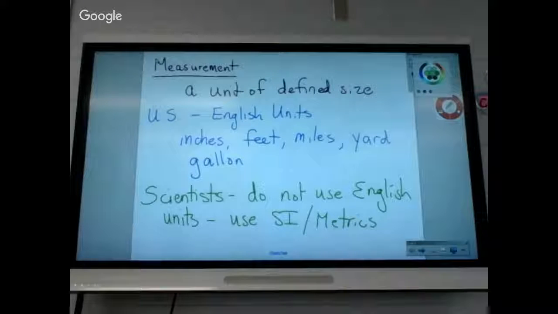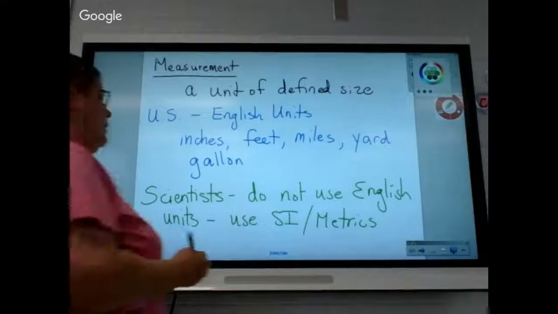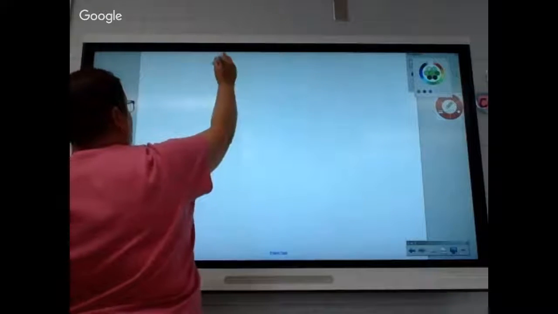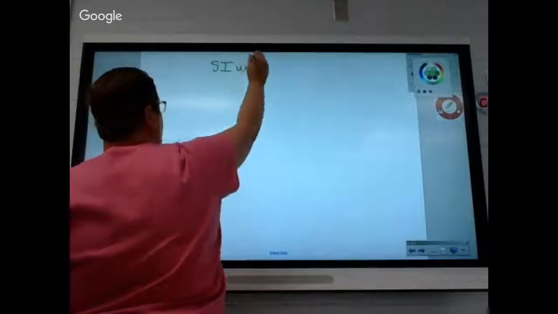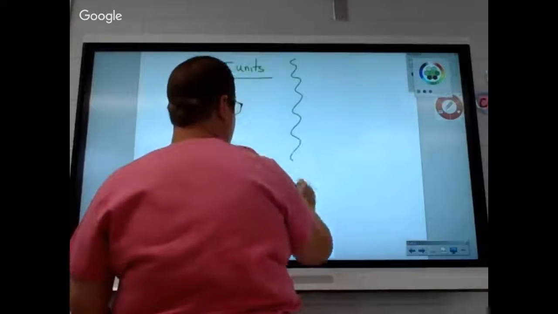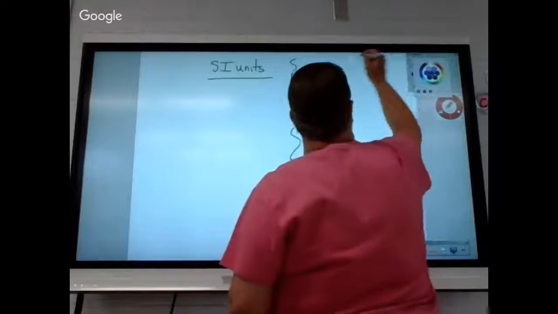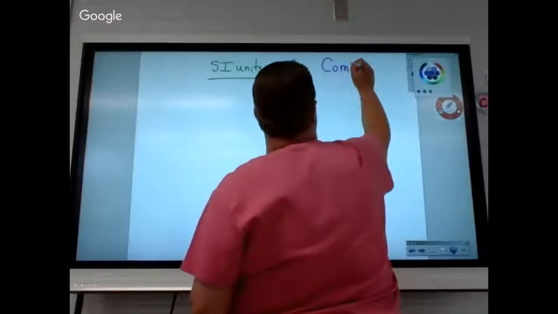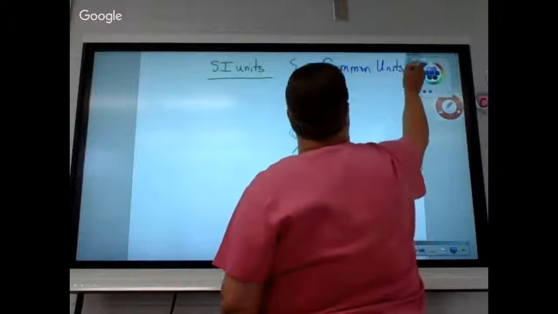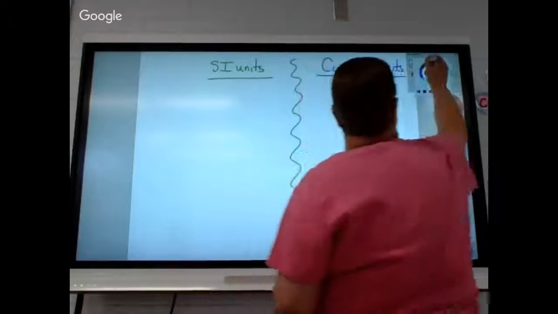All right, everybody caught up? You giving everybody time? All right, so what are these SI units that I'm talking about? Because we're going to talk about some SI units and we're going to talk about some common units because some of the SI units are so big we won't use them or we just don't use them.